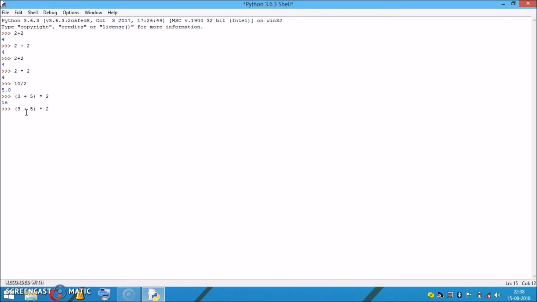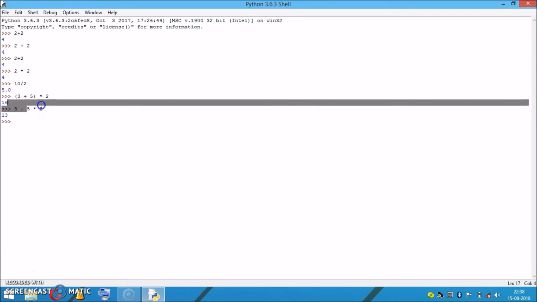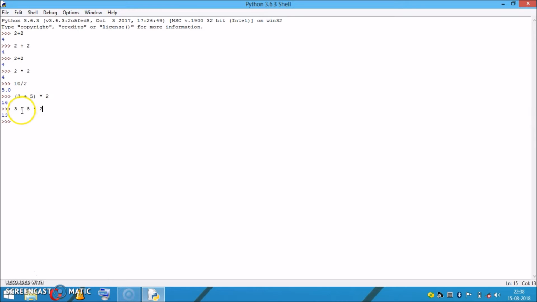Now, if I remove the parentheses, you see the answer has changed to 13, because right now these numbers were first multiplied, that was 10, and then added with 3, and in the other case the numbers were first added and then multiplied with 2.